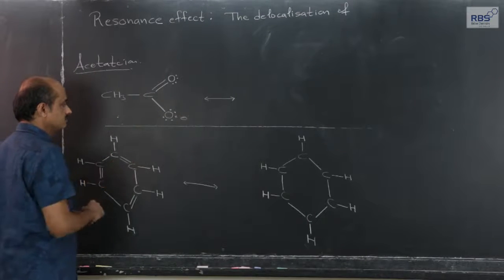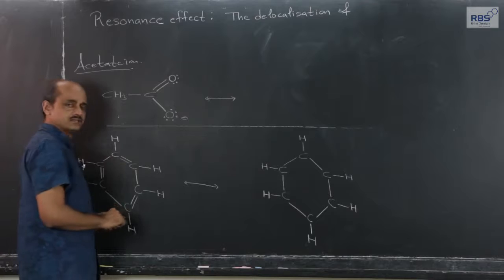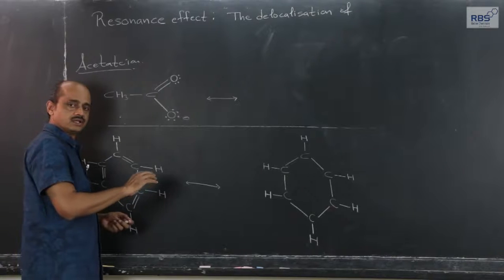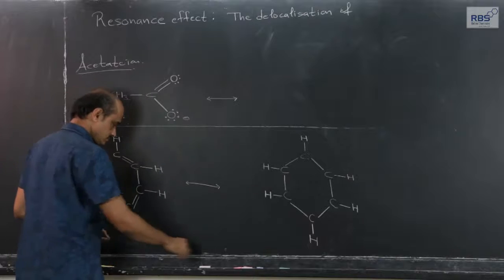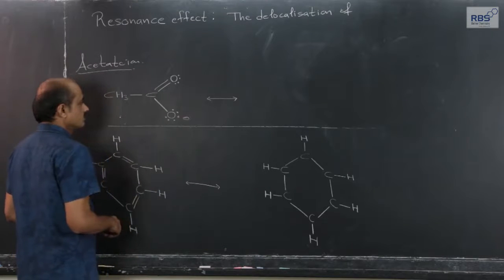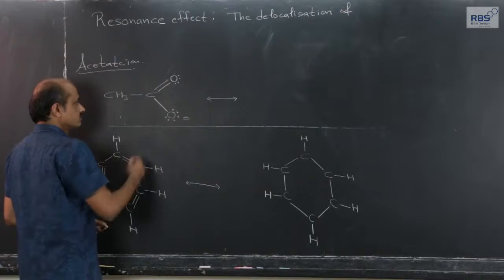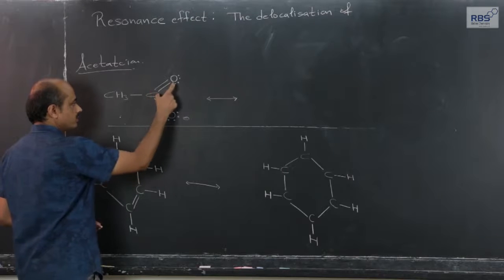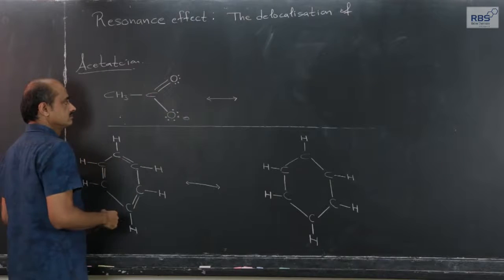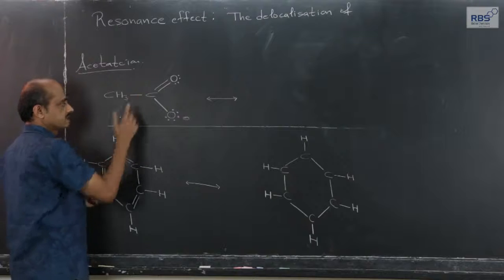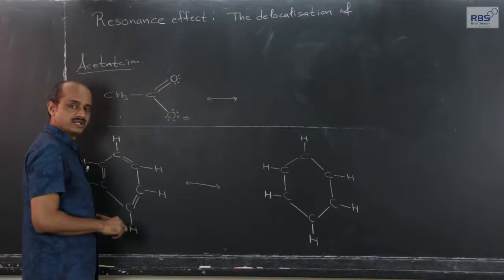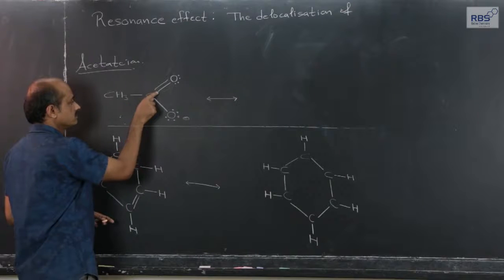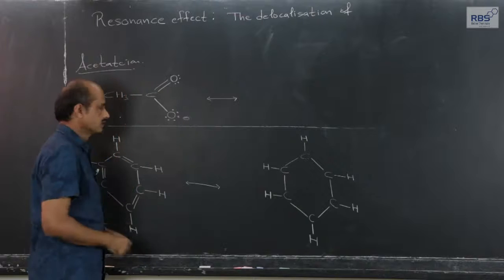This acetate ion can also be represented in a second manner. Since here it is a double bond between carbon and oxygen, out of the double bond, as we are familiar, one is a strong sigma bond and one is a weak pi bond, pp parallel.